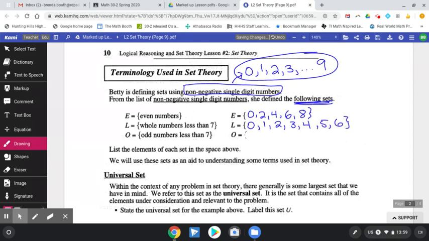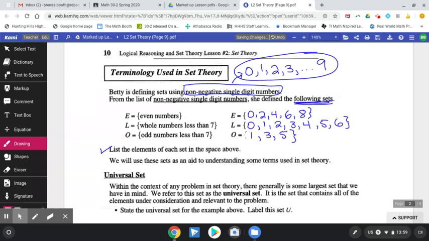And then set O is odd numbers less than 7, so that would be 1, 3, 5. All right, so we can check off the first one, list the elements of each set in the space above.